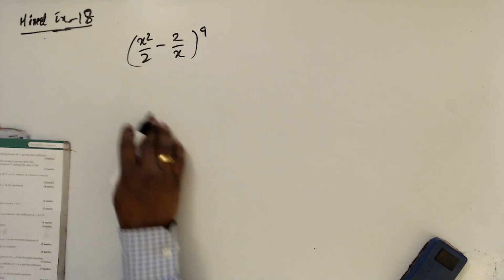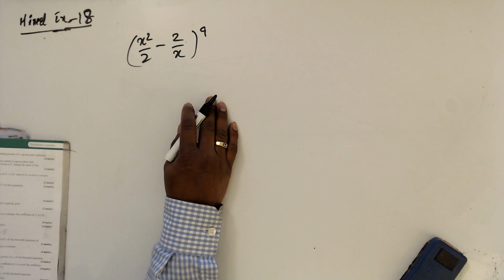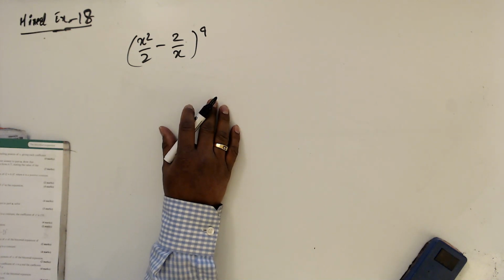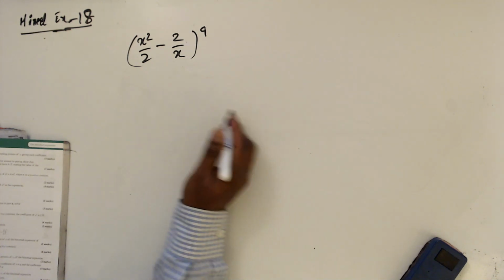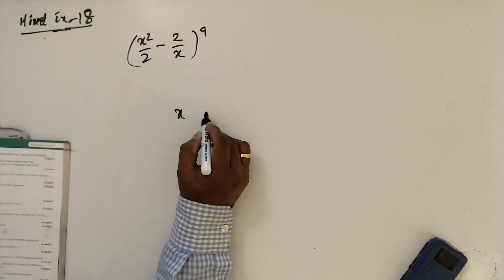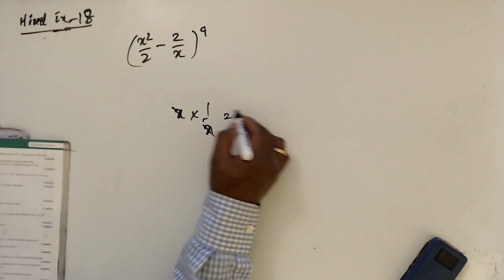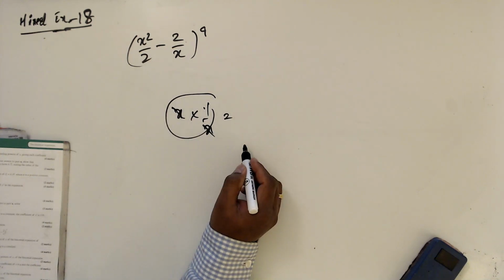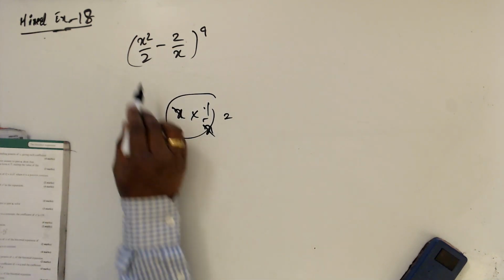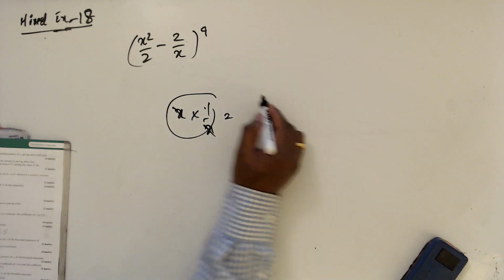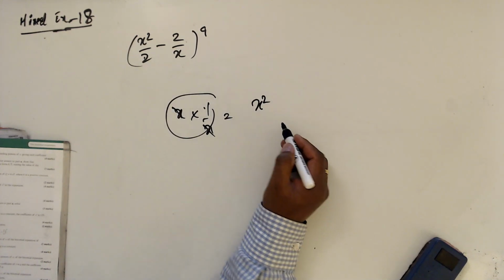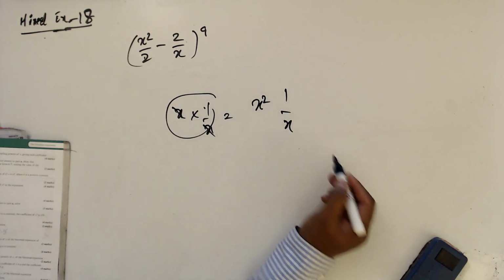In this sum, we need to find the constant term. It means we are expecting this kind of thing: x and x cancel out, so it's going to be a constant. But now in this case, this term is x square and this term is 1 over x.